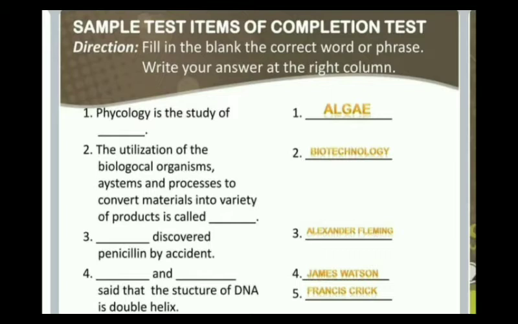Fourth is, blank and blank said that the structure of DNA is a double helix. So the answer of number 1 is algae. Number 2 is biotechnology. Number 3, Alexander Fleming. And number 4 is James Watson.